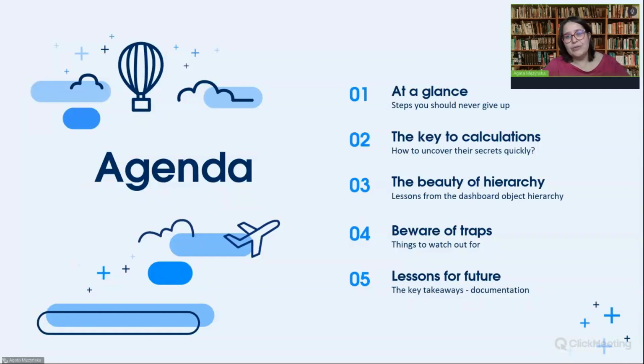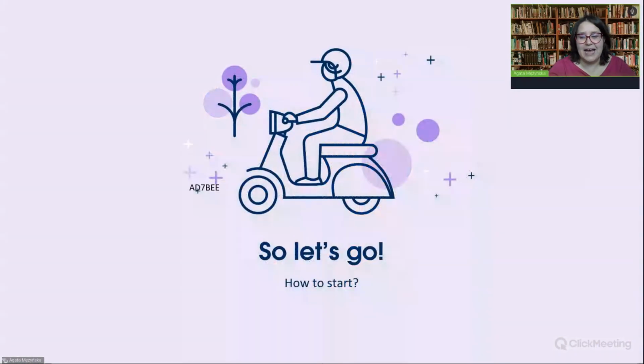Then I will tell you a little bit about calculations and how to uncover their secrets quickly, how to break into the calculation layer. I will also be talking about the beauty of dashboard objects hierarchy. I will reveal a couple of traps that you might approach on your way, and we will sum up with a couple of lessons that you might draw from this process for the future. So let's go with that.